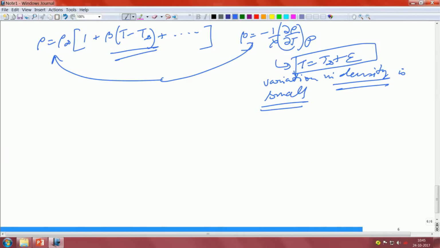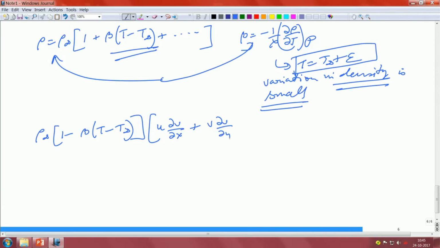If you now substitute the whole messy looking thing in the governing equation, what you would normally expect to get is something like this: (1 minus beta (T minus T infinity)) as the first term, times u dv/dx plus v dv/dy. This will be the total form if we write it like this, equal to mu d square v/dx square plus g beta (T minus T infinity) into rho infinity.